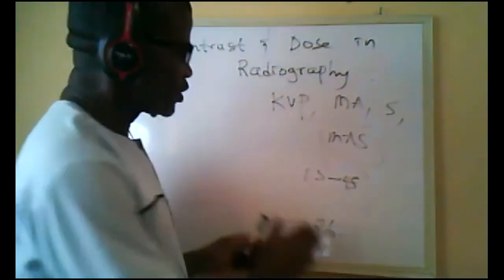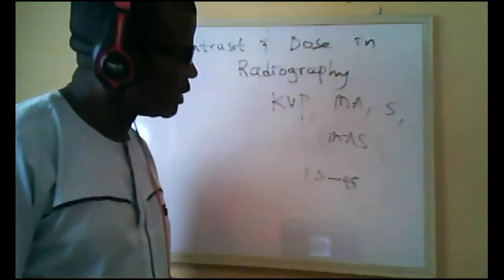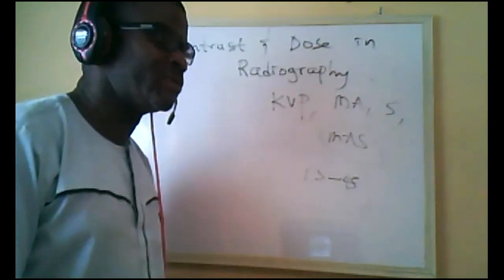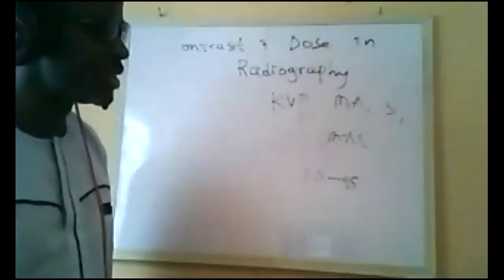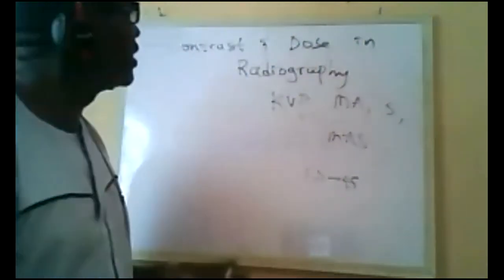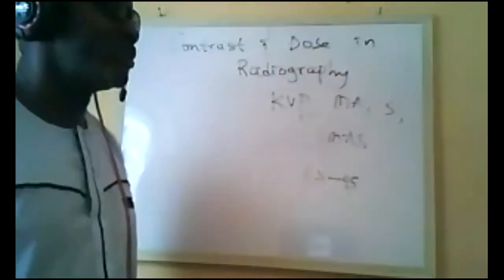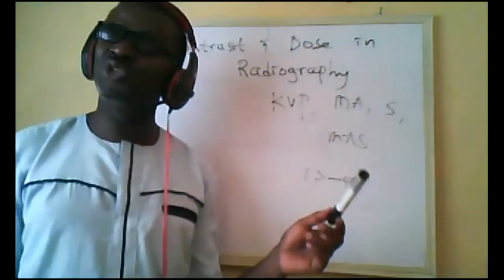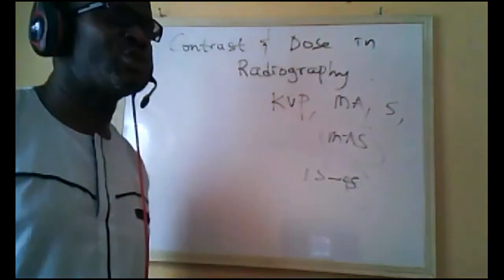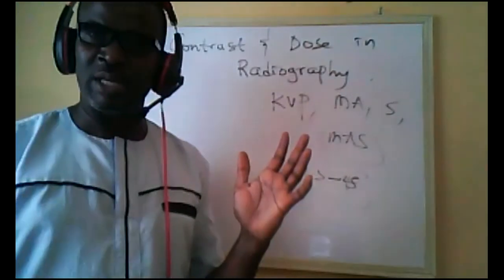So for soft tissue, if you want to look at this range of 15 to 45, we base it there because the photoelectric effect will be enhanced at this point, so we're going to have a very, very good contrast. But as you reduce KVP, it comes at an expense of MAS.